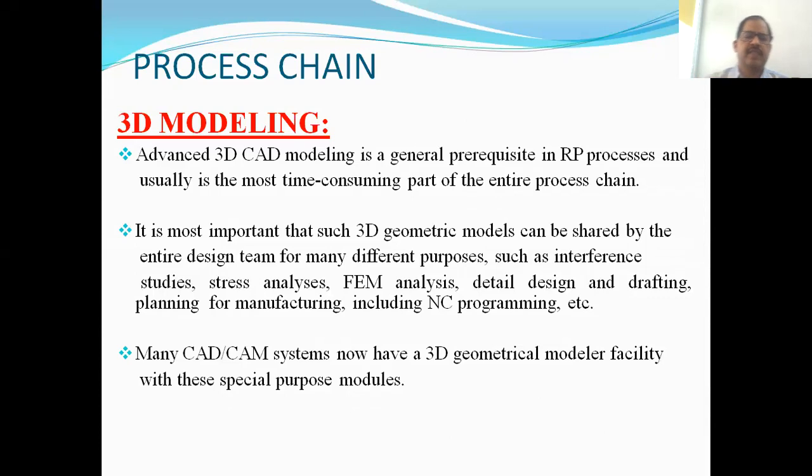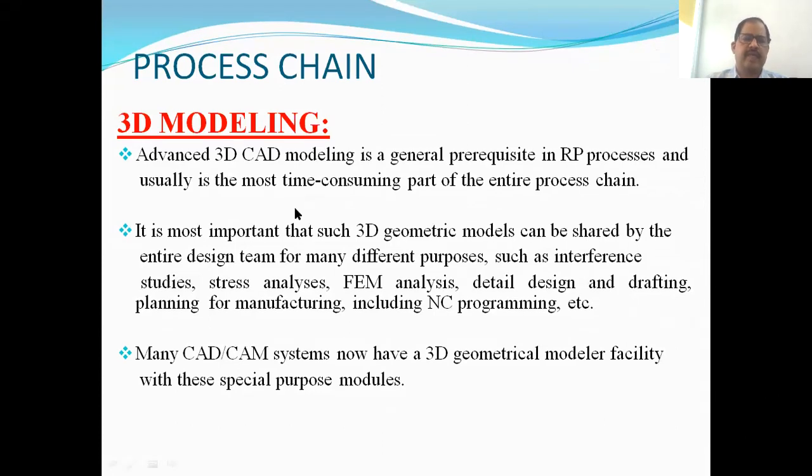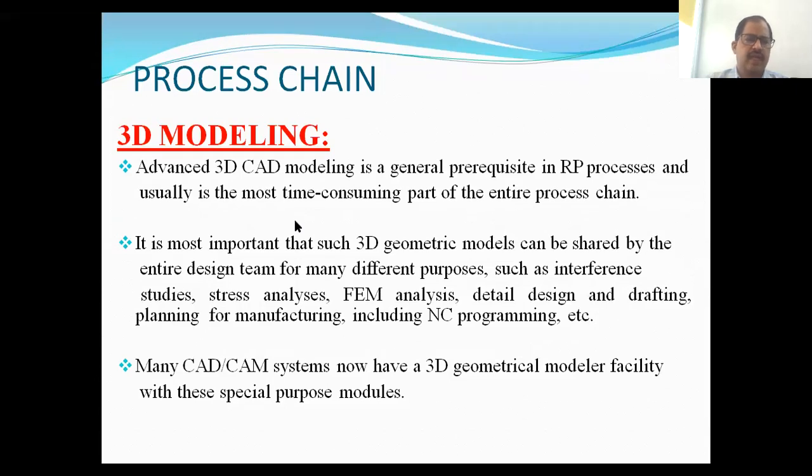Now in my CAD/CAM system I have a 3D geometry modeling facility with special purpose modules. Now these are special purpose modules. File, new. You can make different things. And drafting: I can generate a drafting for this one. Go for file, new, drawing, use a template, and okay.